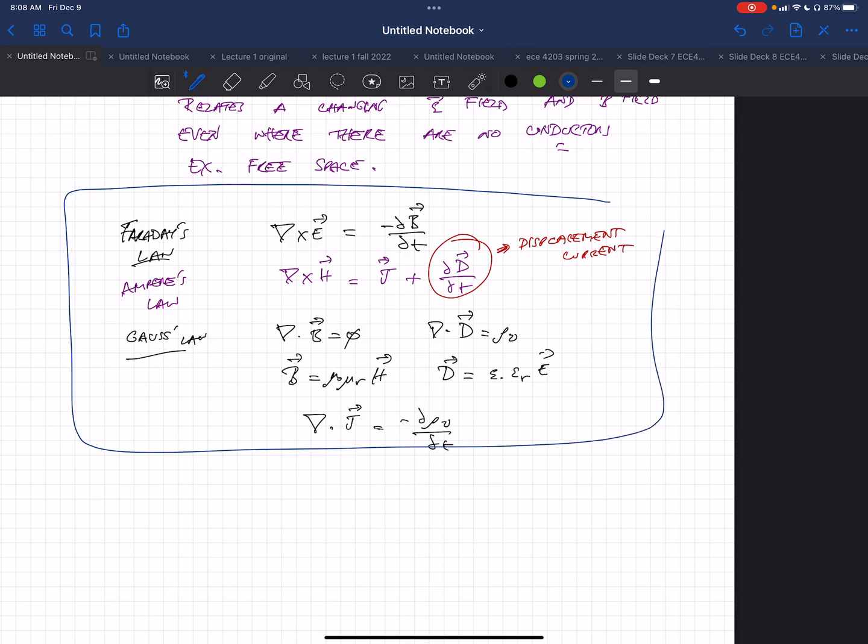This is the full form of Maxwell's equations.